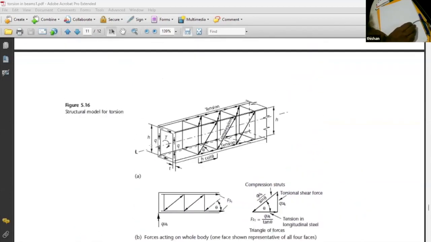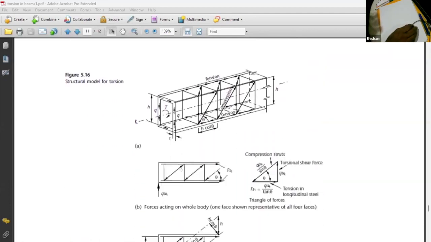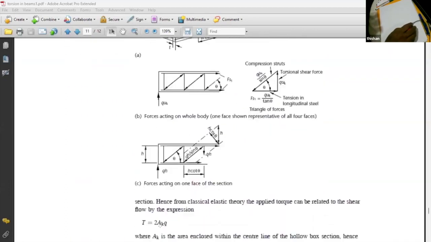If you look at this diagram, just have a good look at it, because I'm going to draw it again and show you how to prove this equation. The equation is T is equal to 2A_k times q, or q is equal to T over 2A_k.